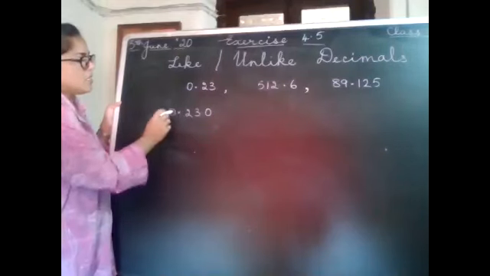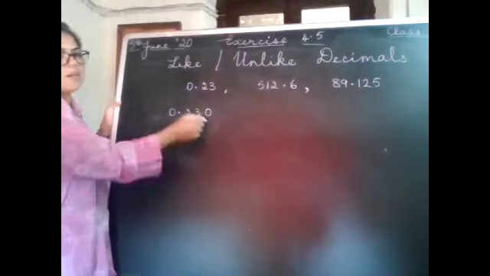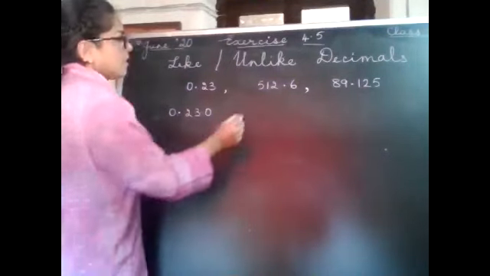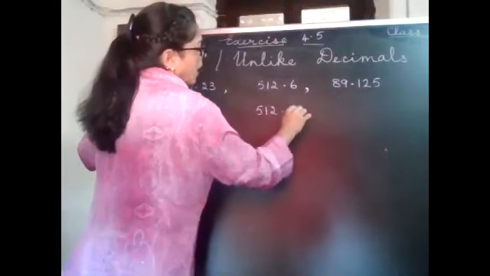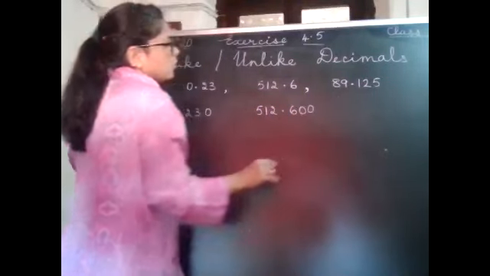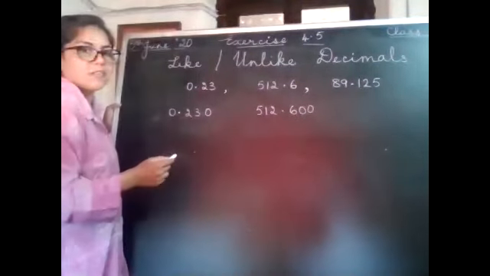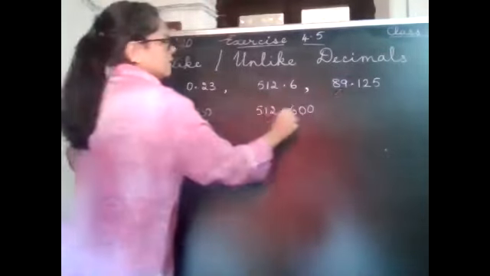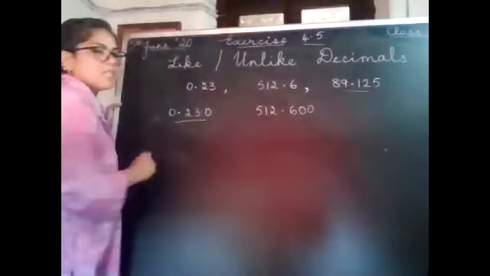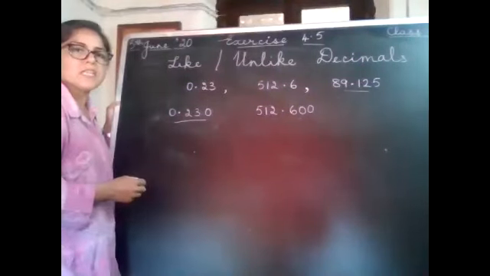The number is still 0.23 only, but it has 3 digits after the point. Similarly, here it is 1 digit. So I need to put 2 zeros here. Now I will have 3 digits after the point, and this one already has 3 digits. Now all the 3 numbers are called like decimals because the number of digits after the point is the same.